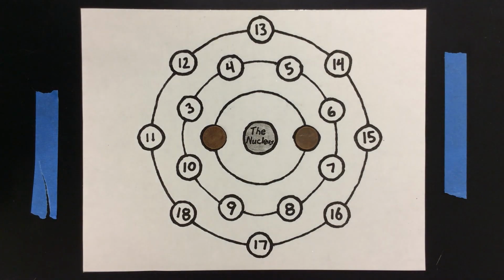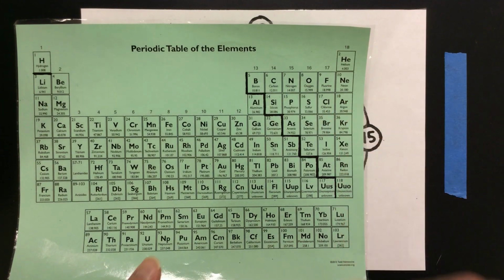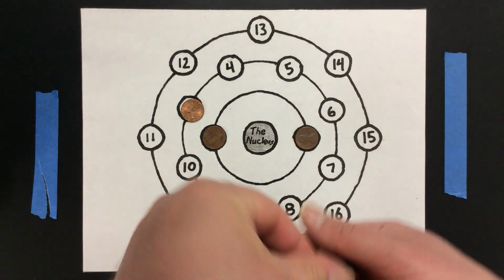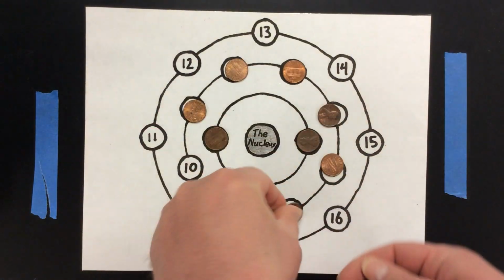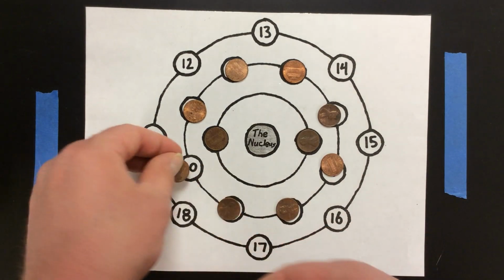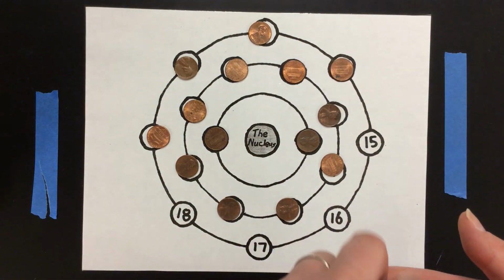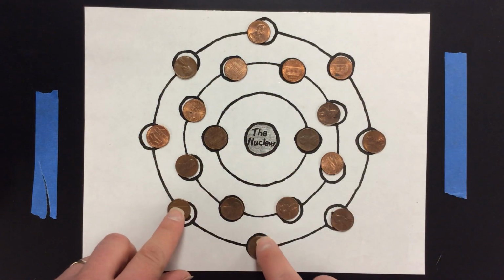Finally, the one last element I want to show you is argon. So argon is element number 18. So if we go ahead and do this, all right, we need to put on all 18 electrons. So here's 10, 11, 12, 13, 14, 15, 16, 17, 18.